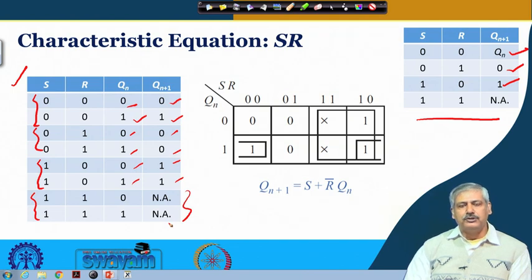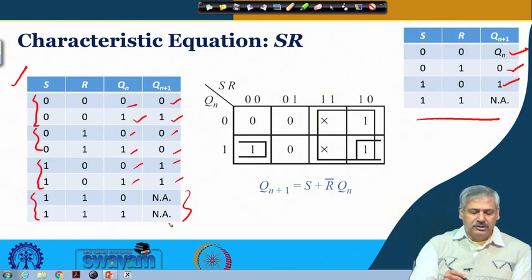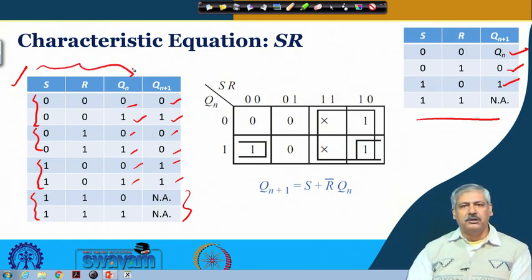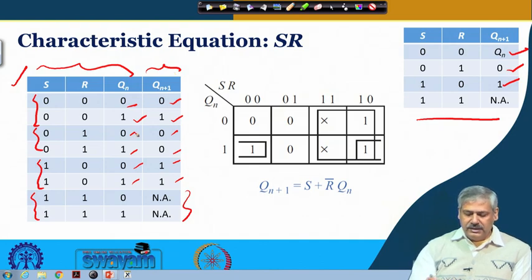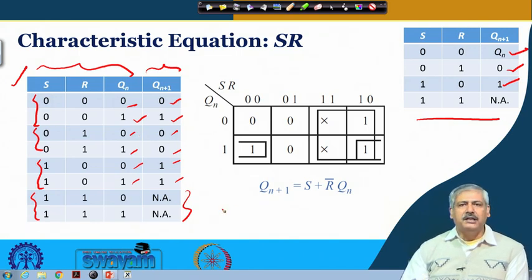So, if you want to get a characteristic equation that represents this flip-flop, what will we do? This is the current value based on which the next one is obtained. We form a Karnaugh map, or any other minimization technique is also useful.